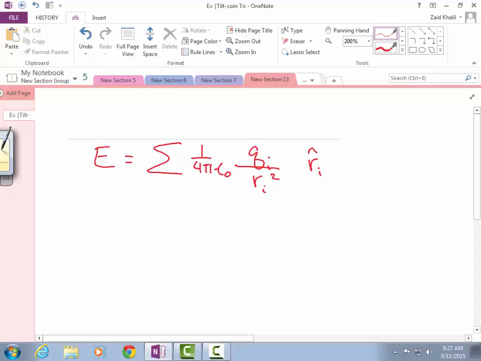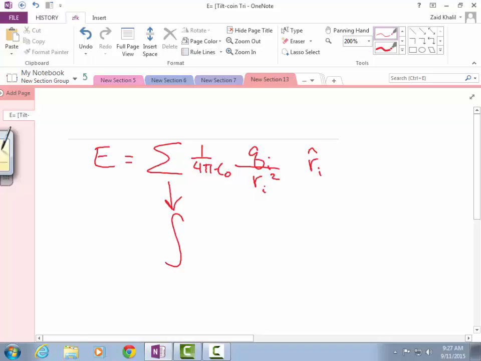Now, how would I take this to the continuum? In other words, what is going to change if I go from a set of discrete charges to a set of continuous charges? Well, it's not going to be a sum. Well, the sum becomes an integral, because the integral is just a continuous analog of a sum.